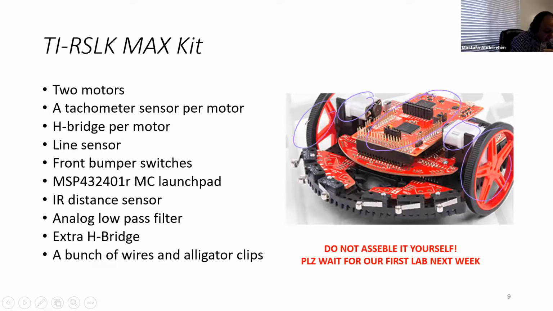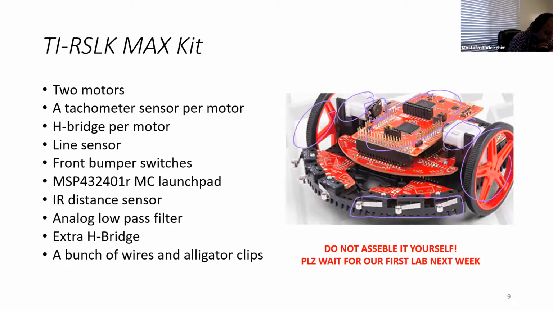Here is a tachometer, just a sensor that measures the speed of a motor, of a wheel or a robot. You also have a very good feature called bumper switches. Whenever this robot hits a wall or something, those switches will sense that and send a signal to the microcontroller so that we know this is a wall, for example, and we should avoid it.